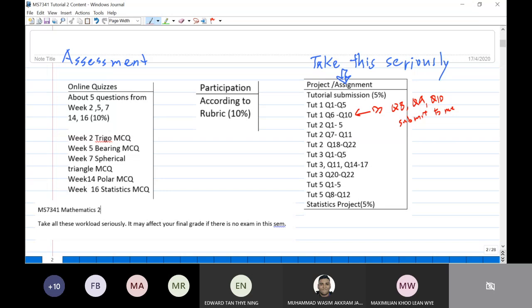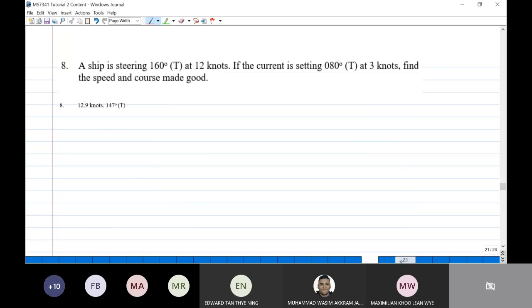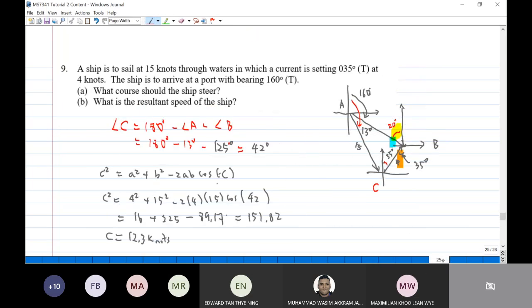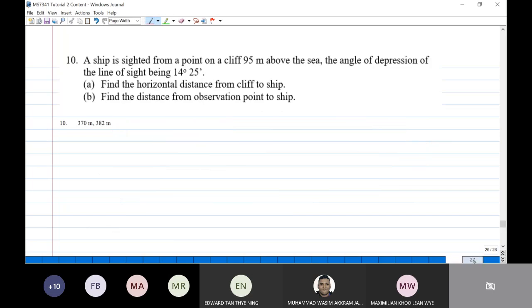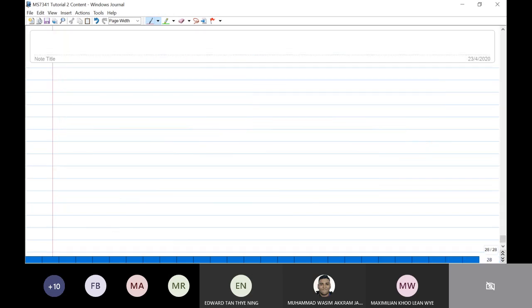So where is the email address? Just to let you know.